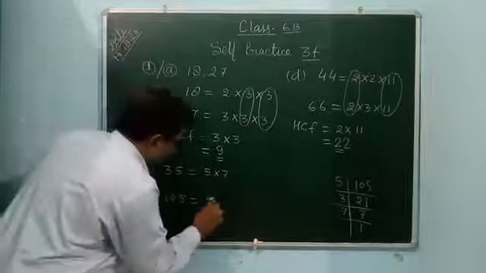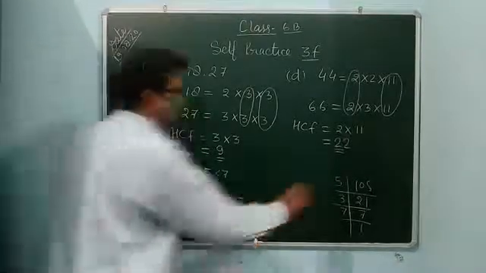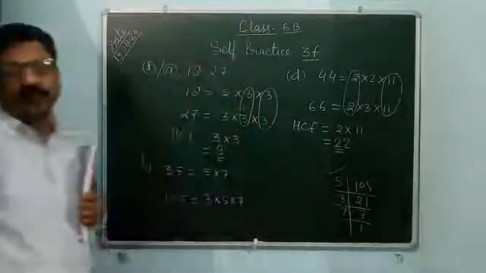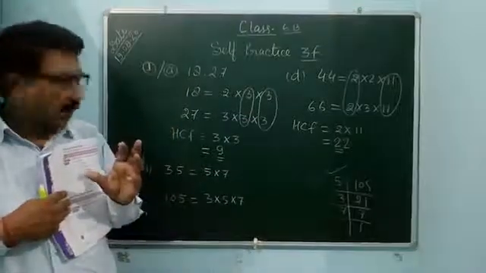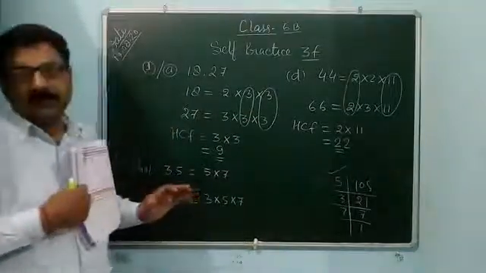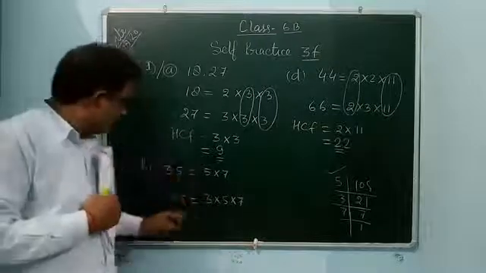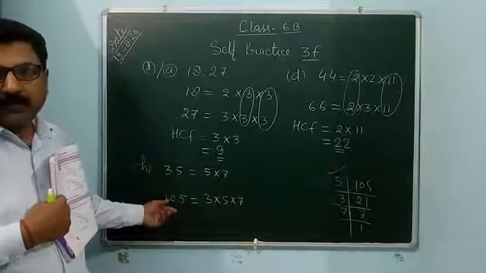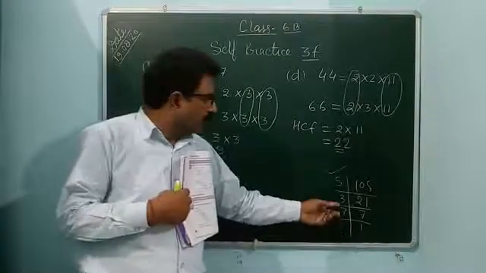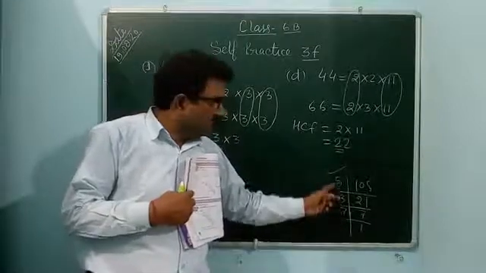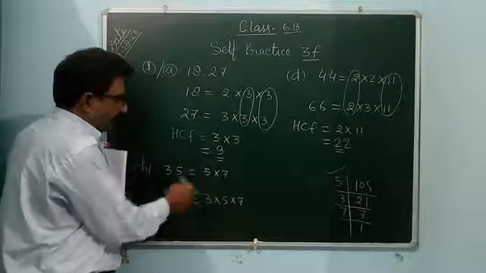This is the rough work, and you can do it if you want, because this is an easy way to find the prime factors of a given number if you cannot decide in a short way. Since 105 is a big number, more than 100, you can use the continuous division method in this way.